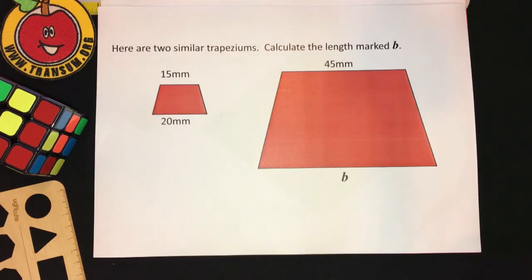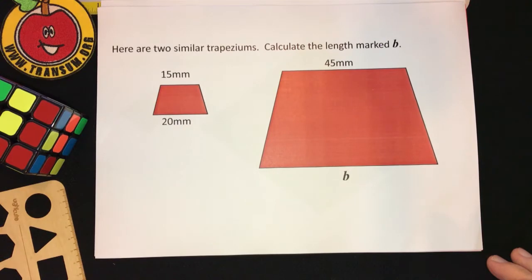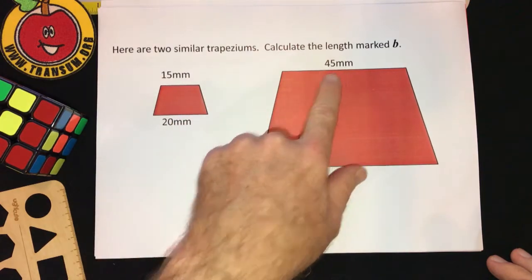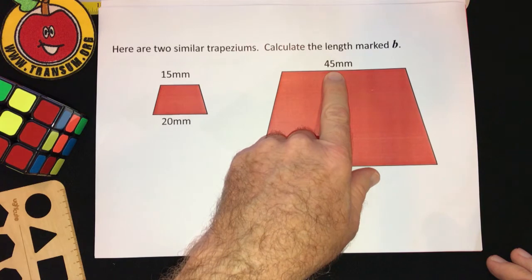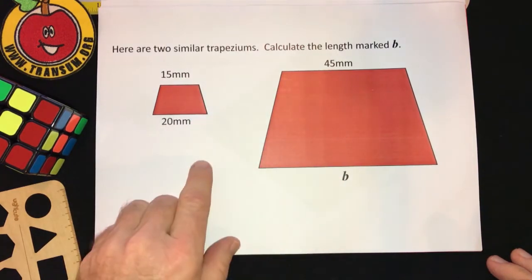Here are two similar trapeziums, or trapezia, as the plural of trapezium is sometimes said. We have to calculate the length marked B. Well, we can see that the corresponding sides, this 15 millimeters, that is exactly 3 times as big, because 3 times 15 is 45.